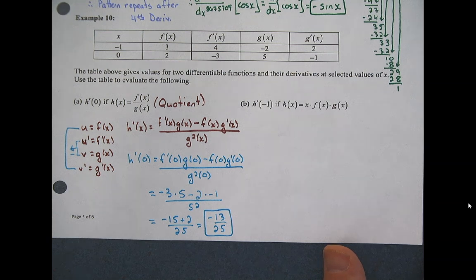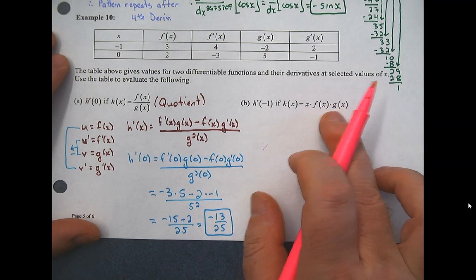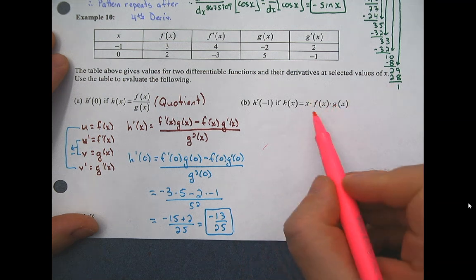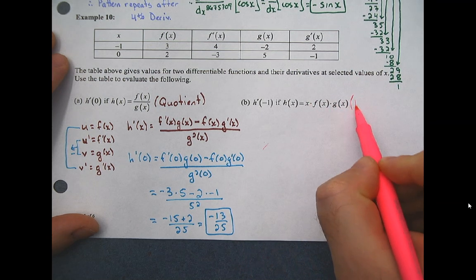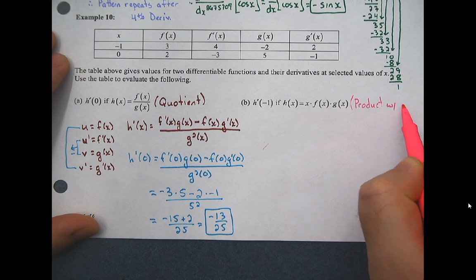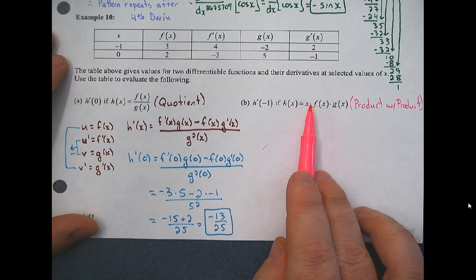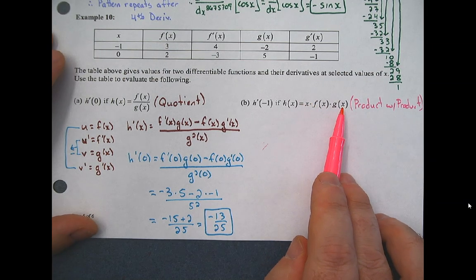First of all, decide what type of rule it is. So overall, this is a product rule with a product in it, because I've got these two things multiplied together, and then that's multiplied by this.